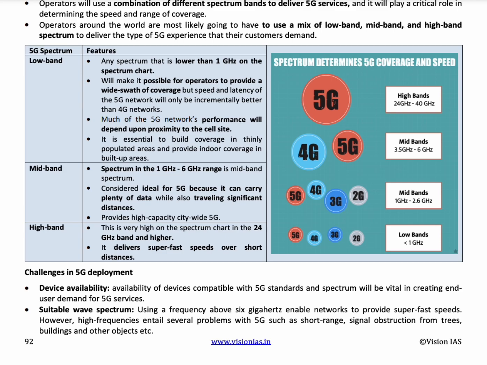Next is the mid band. It ranges from 1 gigahertz to 6 gigahertz and it is ideal and can easily carry data while traveling significant distances. The next band is the high band. It ranges from 24 gigahertz and higher and it delivers super fast speeds over short distances.